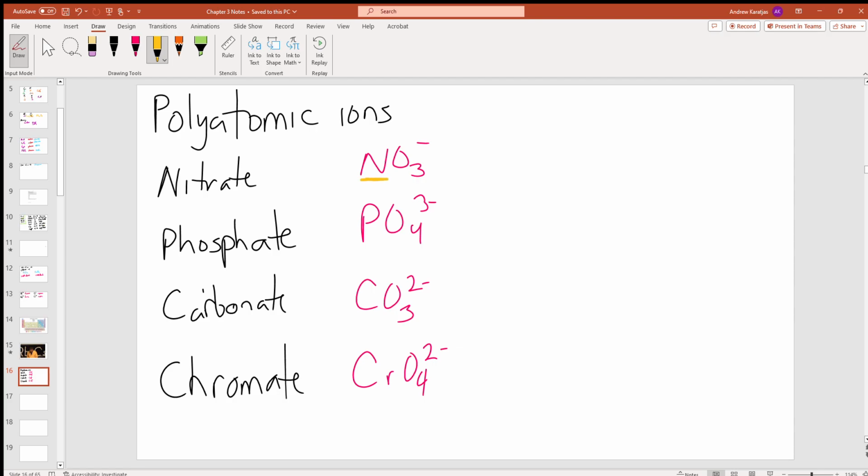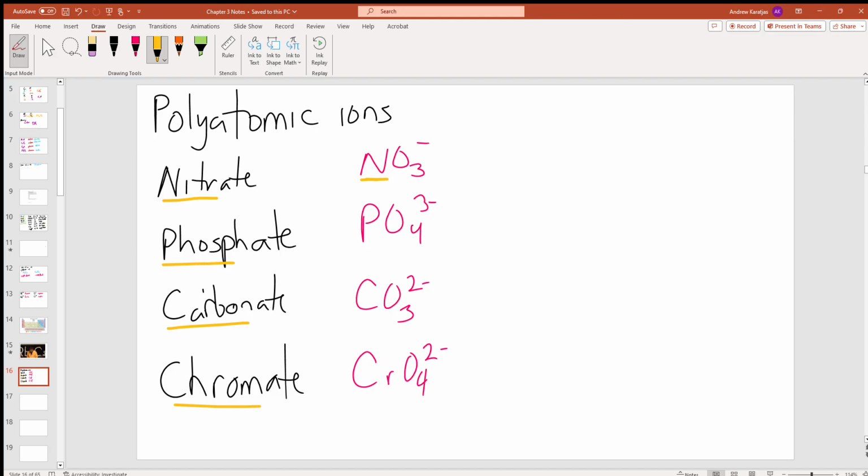Now, the other element involved is usually the easiest one. So nitrate, nitrogen, we have that nitrogen right in the title. Same thing with phosphorus. Carbon for carbonate and chromium for chromate. But I have a friend of mine who came up with a set of mnemonics to try and help remember the other pieces, which is the number of oxygens and the charges.